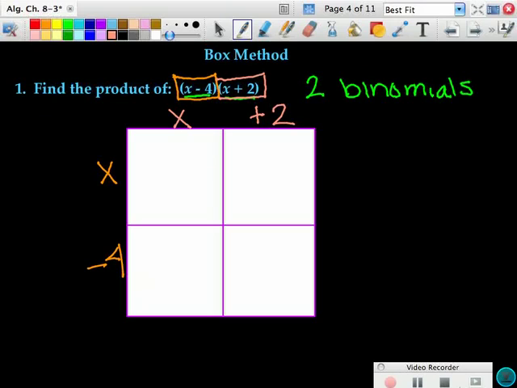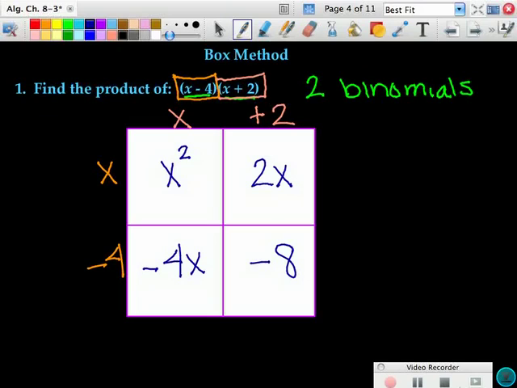So let's do our multiplication. We multiply x by x to get x squared. X times 2 gives you 2x. Negative 4 times x gives you negative 4x. And then negative 4 times 2 gives you negative 8.